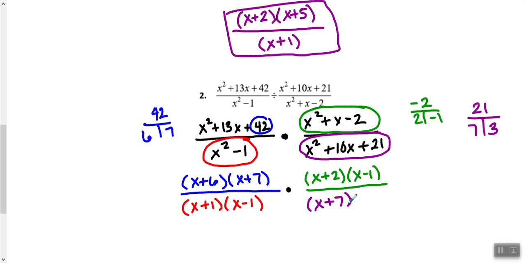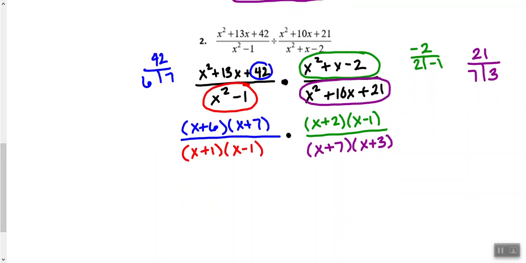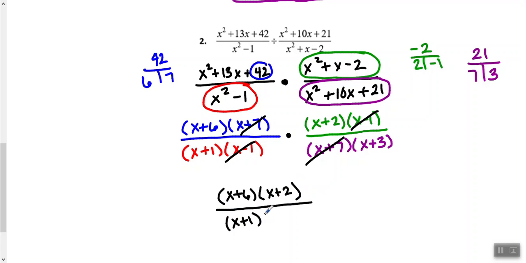So it gives me x plus 7 and x plus 3. So now that everything is factored, I look to cancel, which I see x plus 7's cancel, x minus 1's cancel, and that's it. So I'm left with x plus 6 and x plus 2 over x plus 1 and x plus 3.